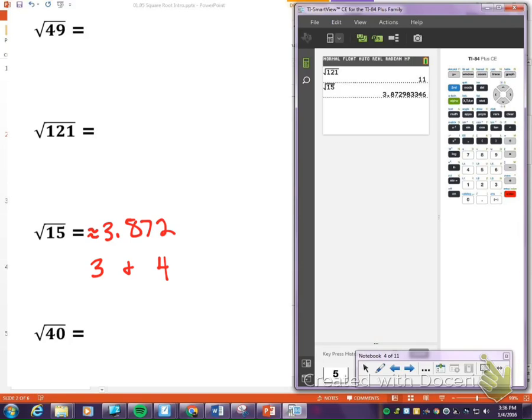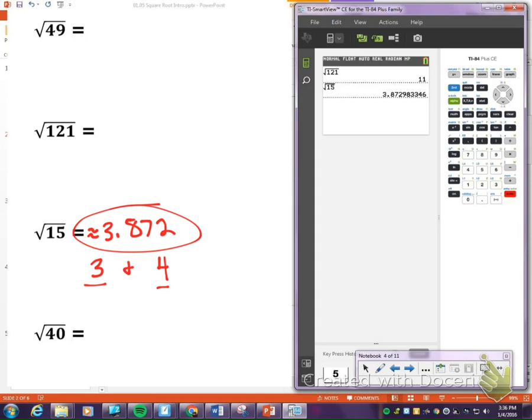Right? But closer to 4, right? Because it's 3.87. So these are our 2 perfect squares around it, right? Because 3 squared would give me 9, and 4 squared would give me 16. 15 falls in between those. This is where we have an imperfect square, and we're just going to be estimating what it's between, what it's about, okay? And luckily our calculator can help us out with that.